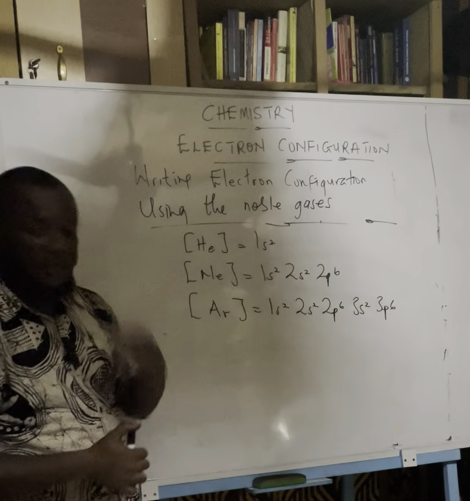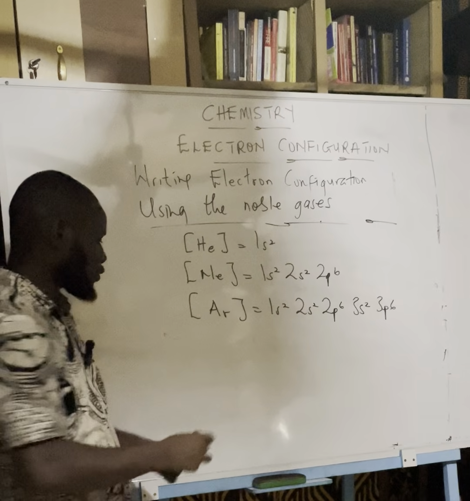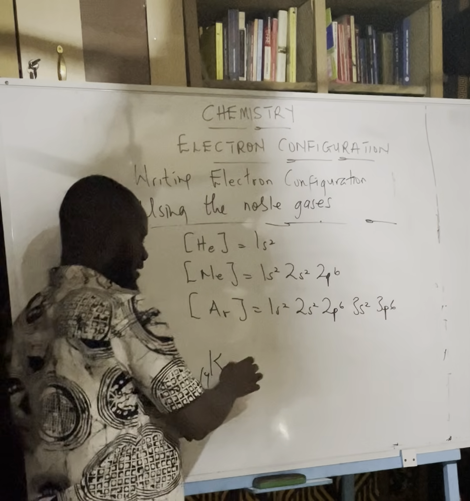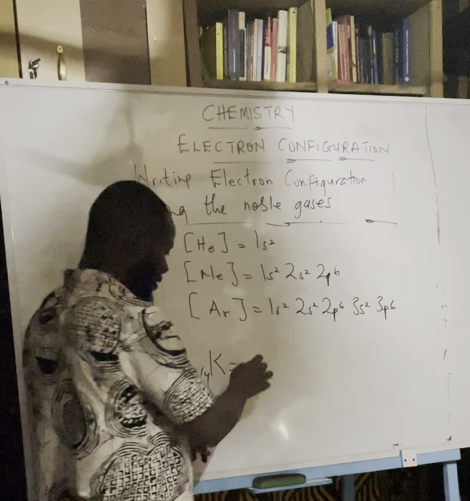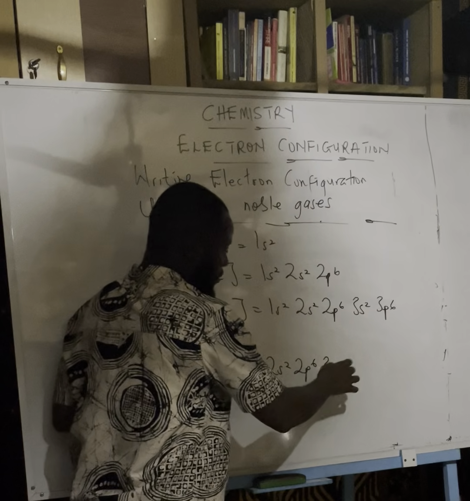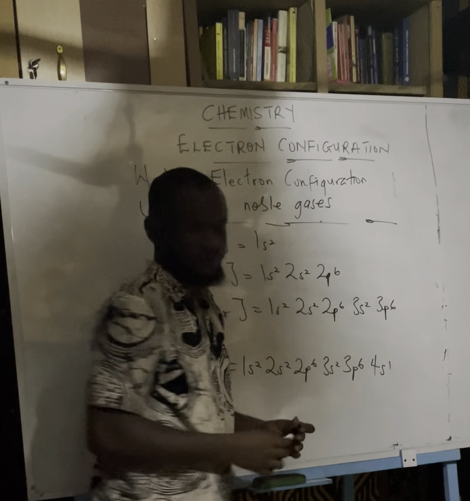So now if we want to write the electron configuration of potassium, potassium here is 19. Let's write that of potassium here. So 1s2, 2s2, 2p6, 3s2, 3p6, 4s1.